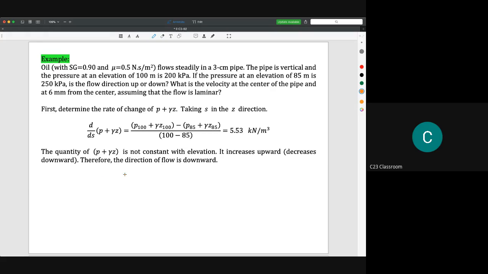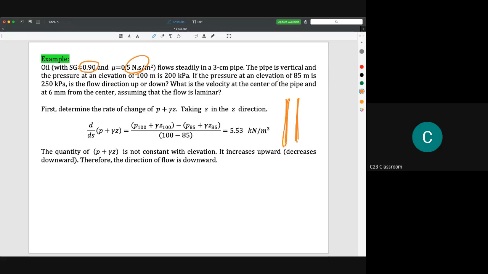I don't think I need to explain this one, because you could read it and learn it from the previous notes. So for example, we have oil with a certain Sg, the specific gravity, and the dynamic viscosity here, and the pipe is vertical, a straight vertical line like this.